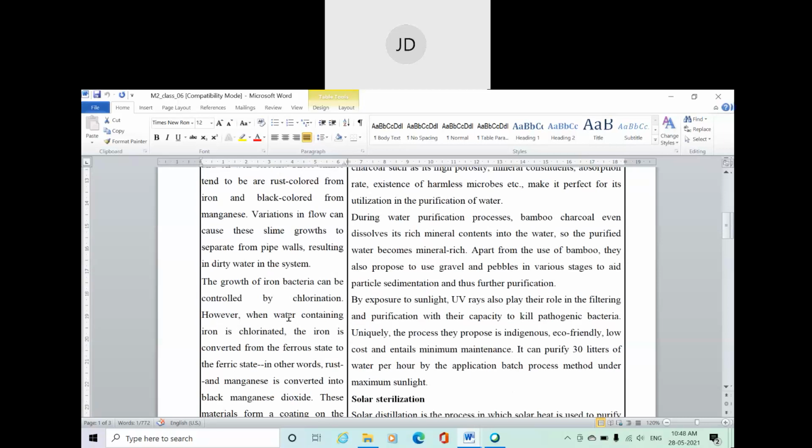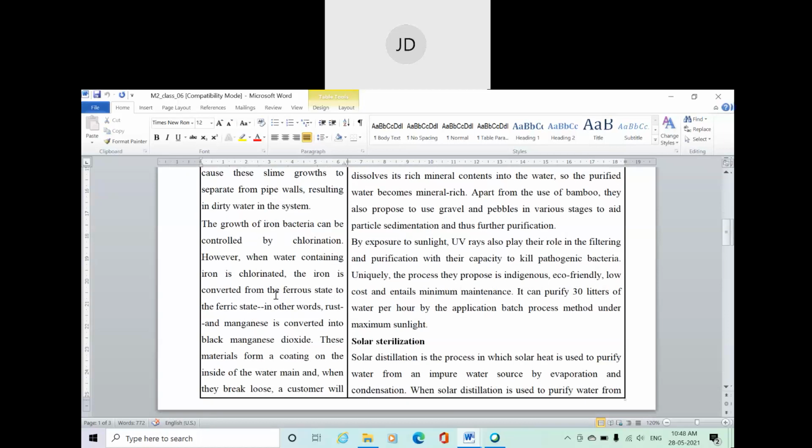So this bacteria, which is mainly produced by the iron and known as iron bacteria, can also be controlled by chlorination. Okay. However, when the water containing iron is chlorinated, the iron is converted from the ferrous state to the ferric state.